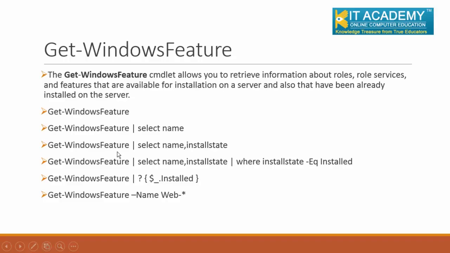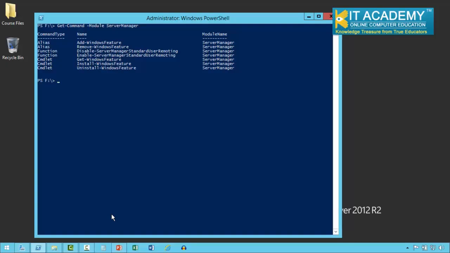So let's go back to the PowerShell session and try to play with these commands. I'm now inside this PowerShell session. I already know these are the different cmdlets I have under the Server Manager module. Let's say I want to start working with Get-WindowsFeature first.